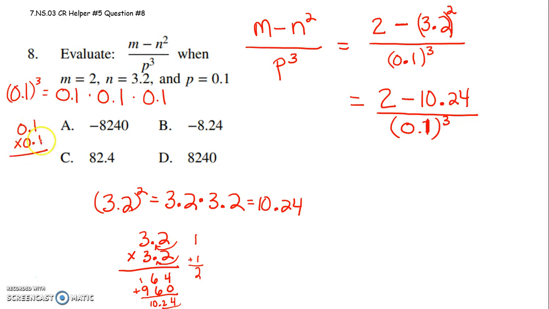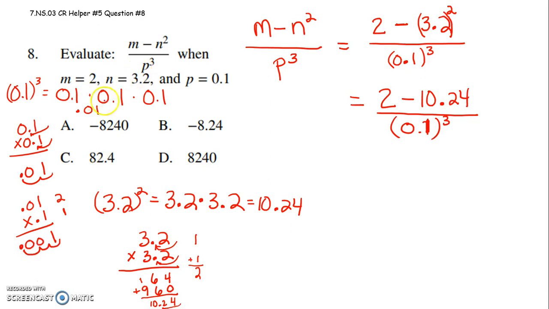Look at 1 times 1 is 1. Over 1 place, over 2 places. So 0.1 times 0.1 is 0.01. Now I have to take that answer, my 0.01, and multiply it by 0.1. 1 times 1 is 1. Move over 2 places, move over 1 more place, 3 places.